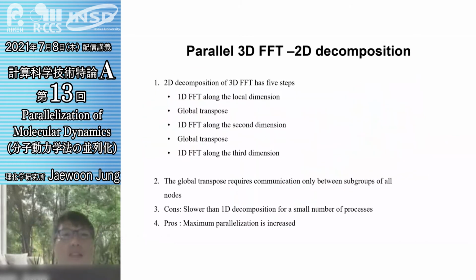So this one has 5 steps: one-dimensional FFT in the X direction, all-to-all communication, Y direction, all-to-all communication, Z direction. And this one is slower than 1D decomposition if we use a small number of processes, but we can increase the parallelization when we use a larger number of processes.